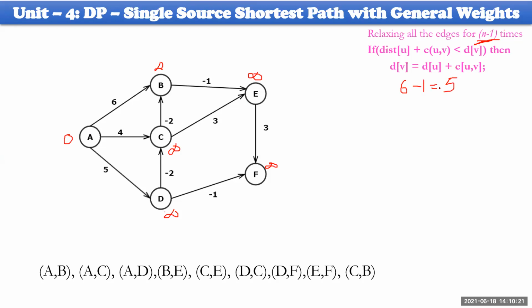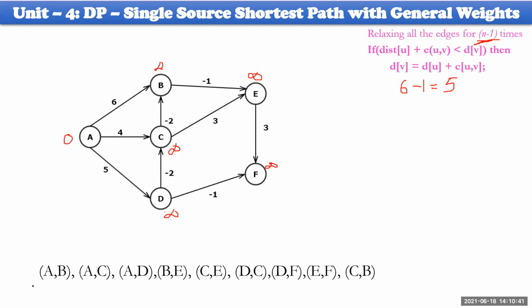We are doing this operation manually, so it comes to 2 to 3 times. After the third time, you may observe that there is no change in the distance of every vertex from A.